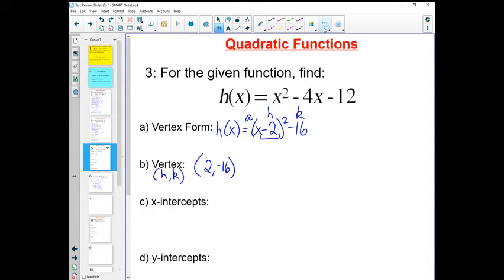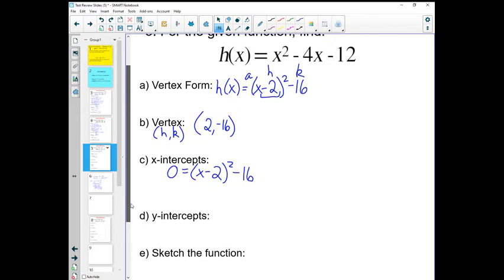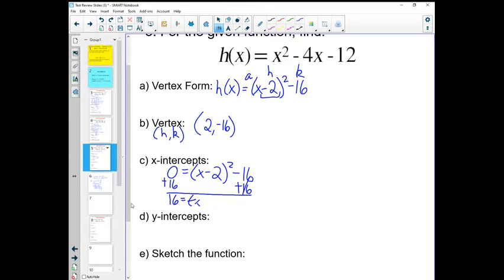To find the x-intercept, I'm going to set the entire vertex form equation equal to 0 and solve for x by adding 16 to both sides. 16 equals x minus 2 squared. To undo that squared part, I'm going to take the square root.